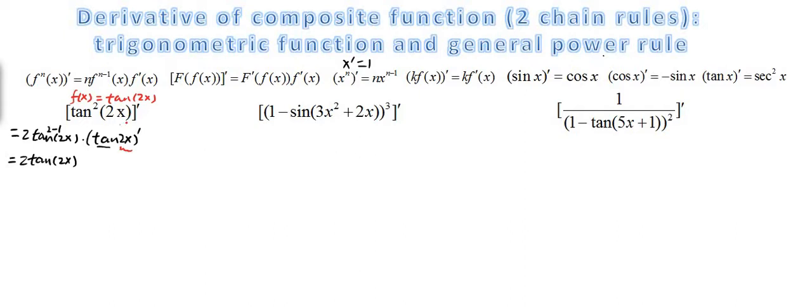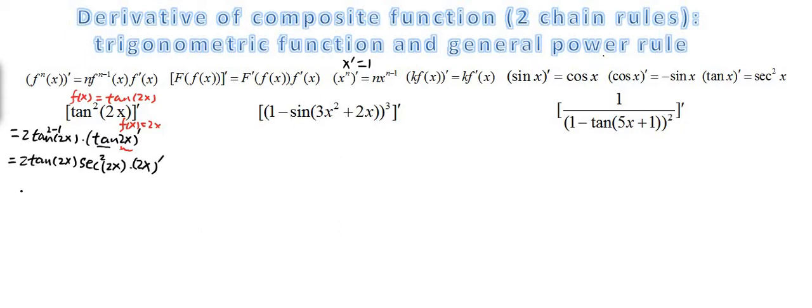So that means the derivative of capital F is gonna be secant square. So we have secant square, f(x) is 2x, and times the derivative of f(x).